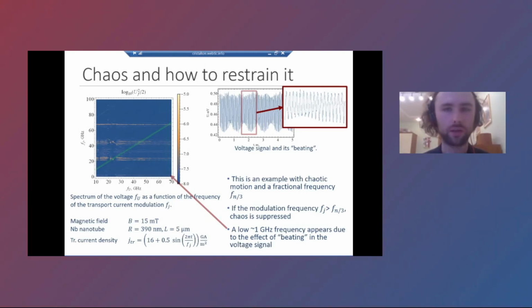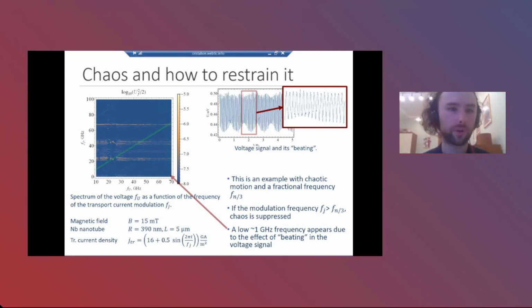And our modeling showed that it is really possible. Using a small modulation, we can suppress a chaotic motion if the transport current frequency is large enough.